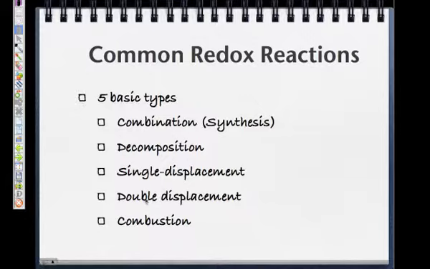If you think of it like you went to a dance and you had these 2 partners and these 2 partners, and then they switch partners for the dance. And then combustion. What is combustion? Fire. You're burning something. What do you have to add in order to burn something? Oxygen. So you're adding oxygen.